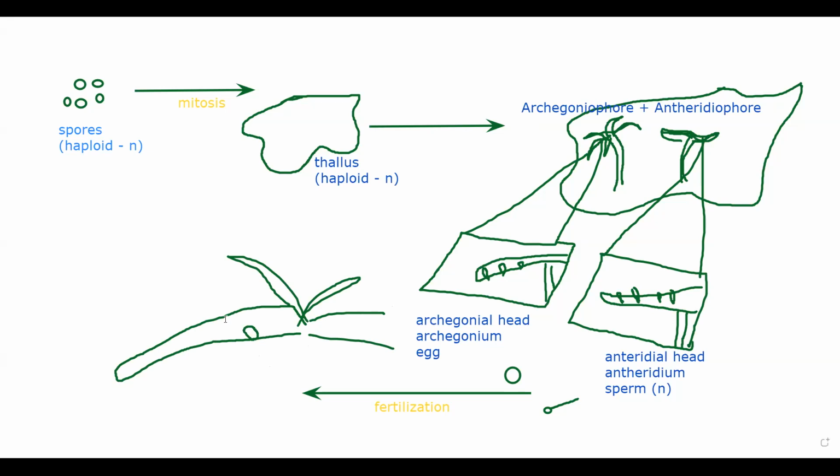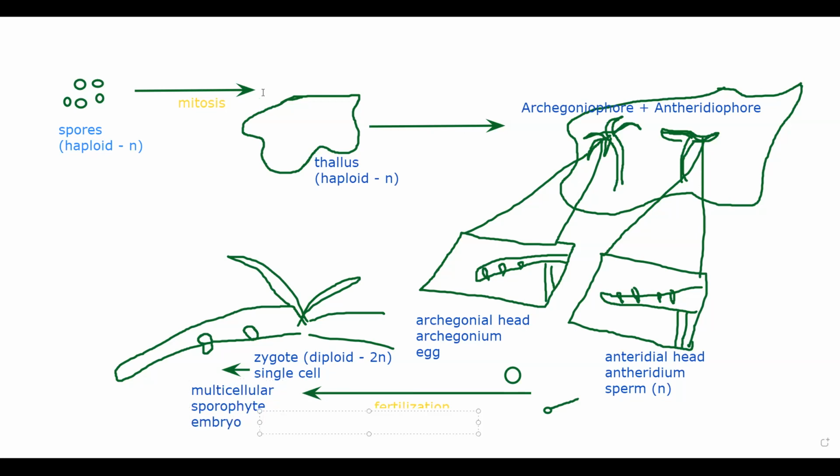This would be a diploid, single cell, which goes through mitosis to form the multicellular sporophyte embryo. Remember that this is the start of the sporophyte generation.